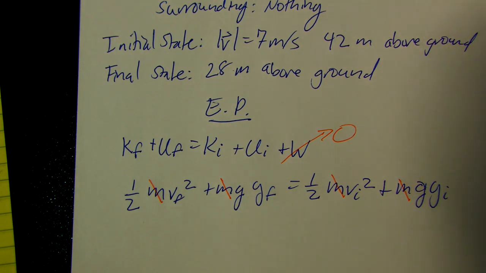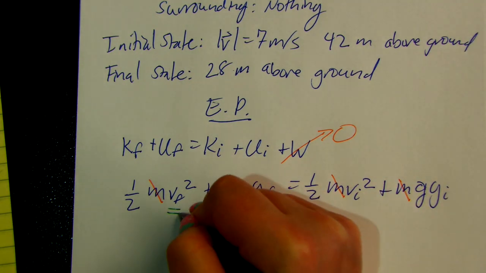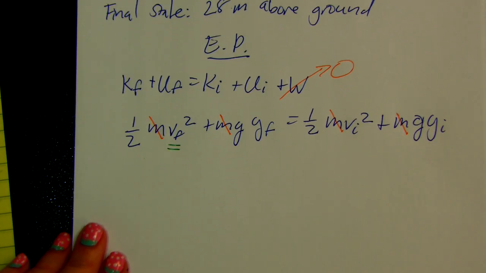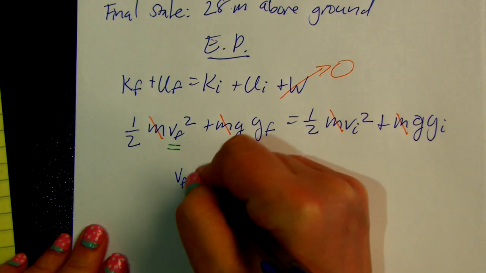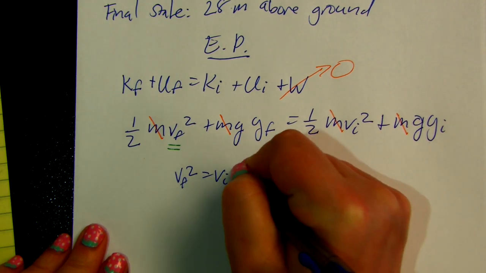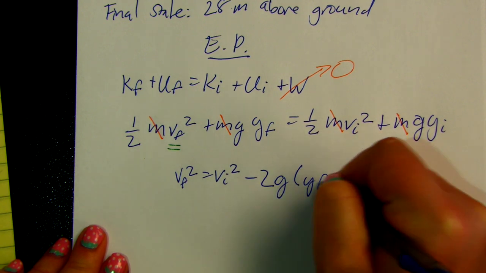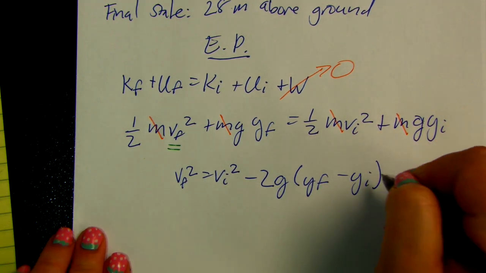And what we're actually trying to solve for, of course, is V final. So let's go ahead and algebraically rearrange to solve for V final. So V final squared is equal to V initial squared minus 2g times y final minus y initial.